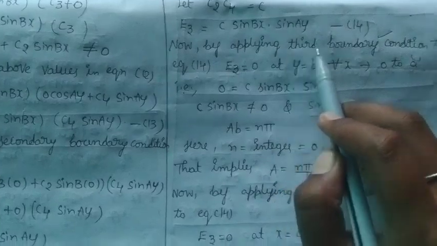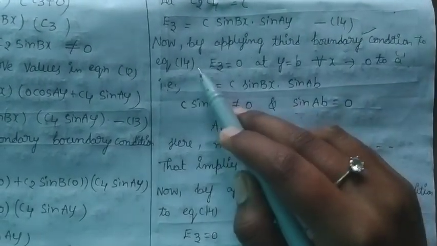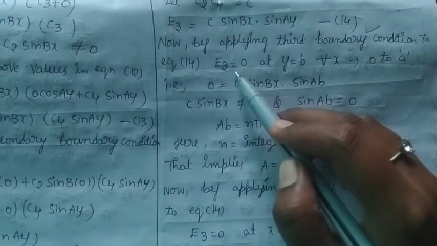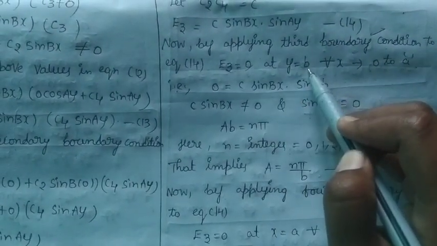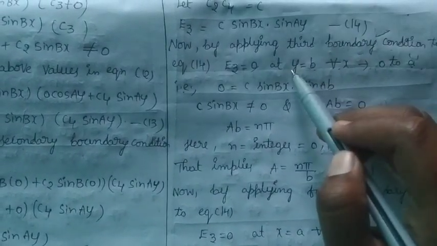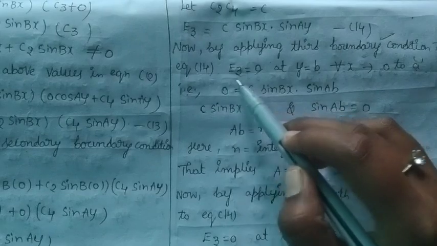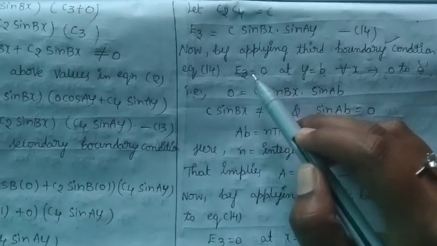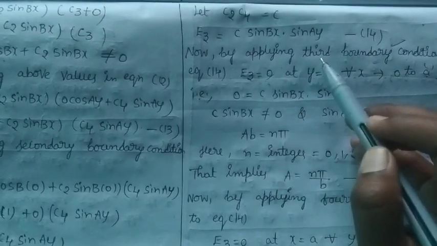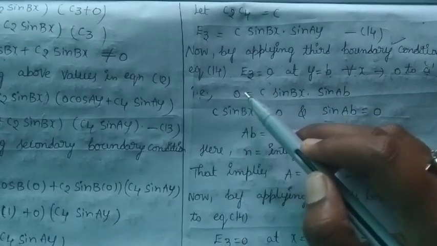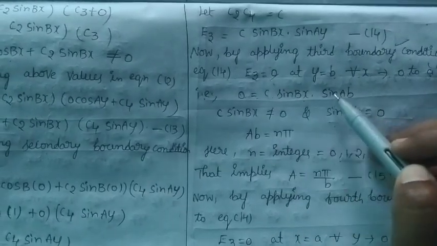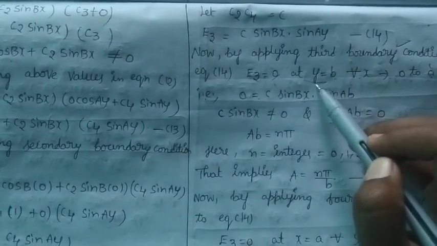Now by applying the third boundary condition to equation 14, the third boundary condition is Ez is equal to 0 at y equal to b, for x from 0 to a. So Ez becomes 0: 0 equal to C sin bx sin ab, because y is equal to b.